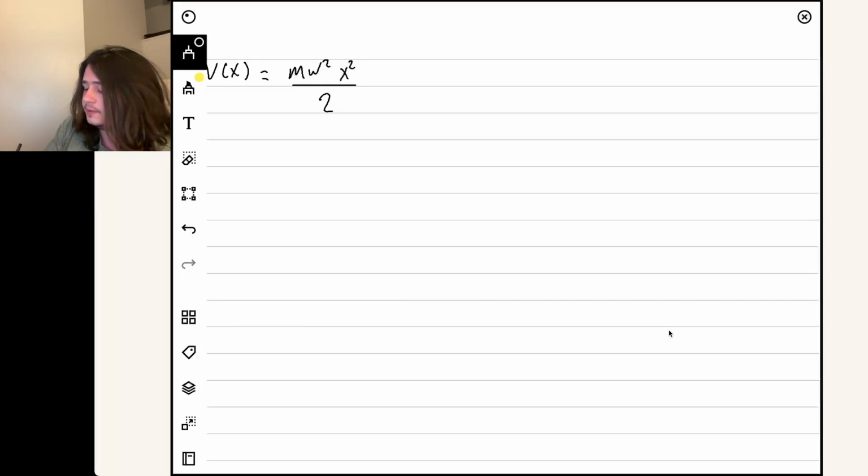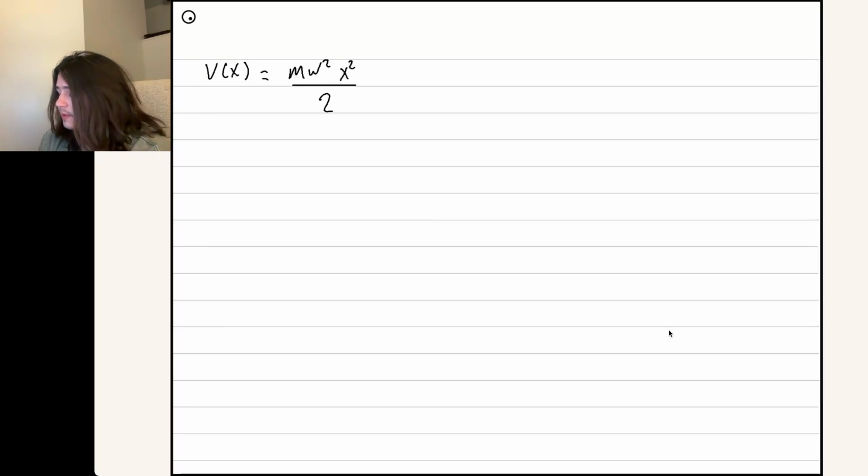We are going to be using the WKB method to estimate, or approximate, I guess, the energy eigenvalues for the simple harmonic oscillator.